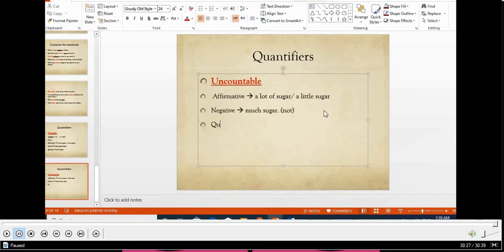Okay, for the negative, I add much. For the question, I add much. So negative and question, much. Affirmative, if I have a big amount, I use a lot of. If I have a smaller amount, I use a little. Okay? That's it for the countable and uncountable.